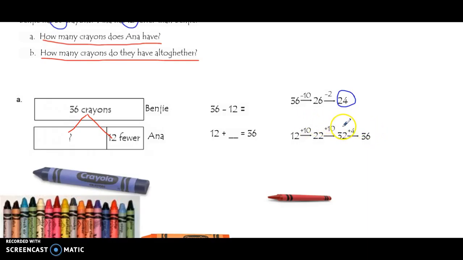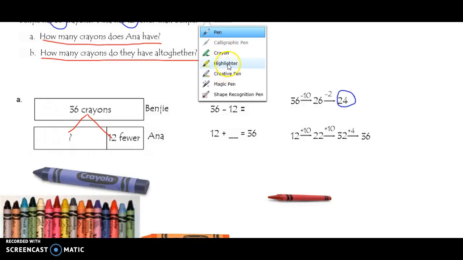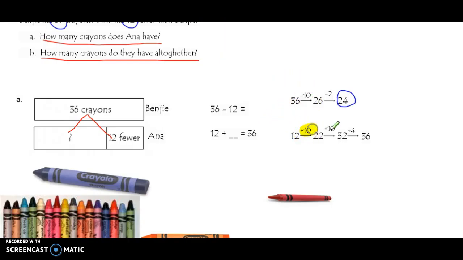Then to find out that missing number, I have to add these numbers. So 10 plus 10 is 20, plus 4 more gives me 24. So my answer would be Anna has 24 crayons.